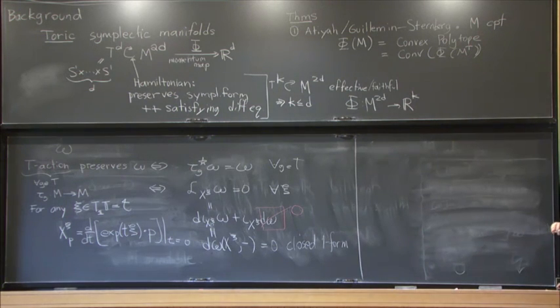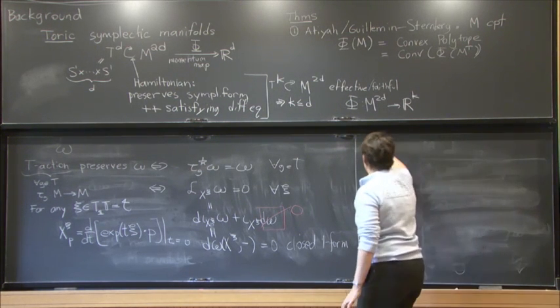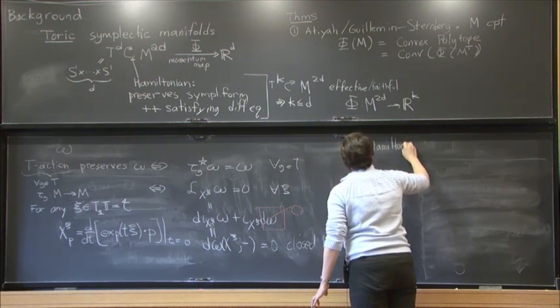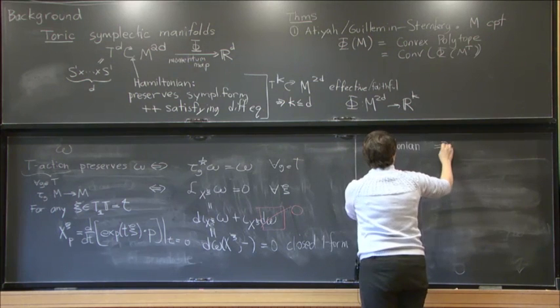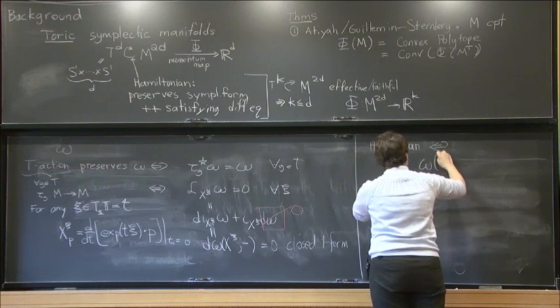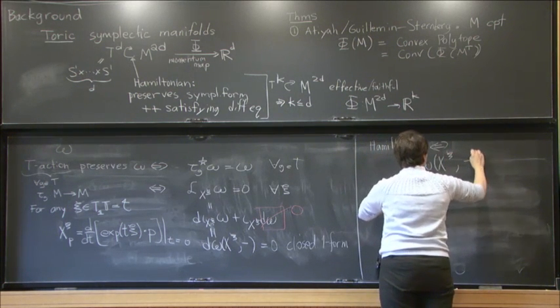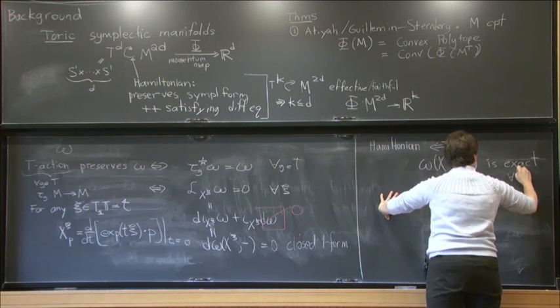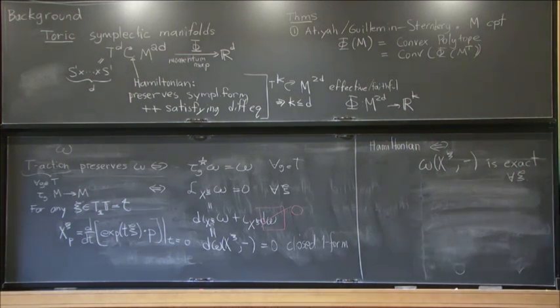That's what preserving symplectic means. So this extra differential equation says that omega of X_C is exact for every X_C.